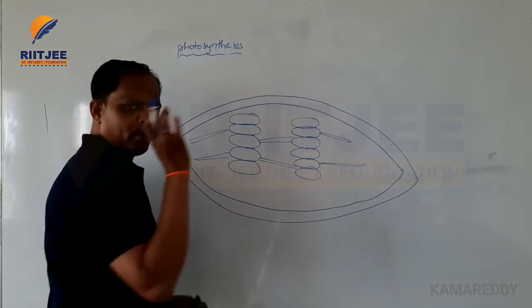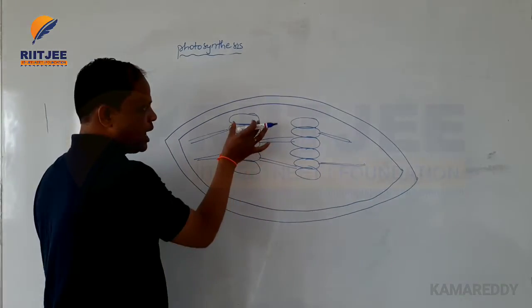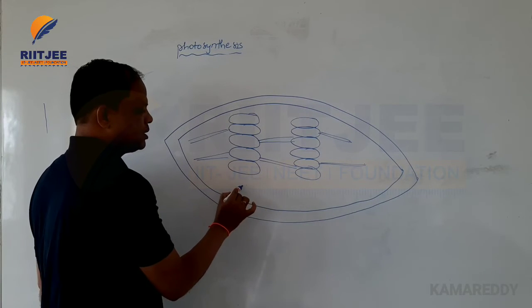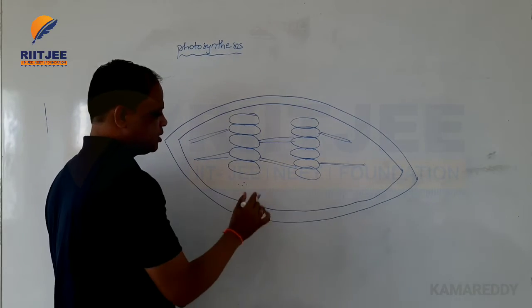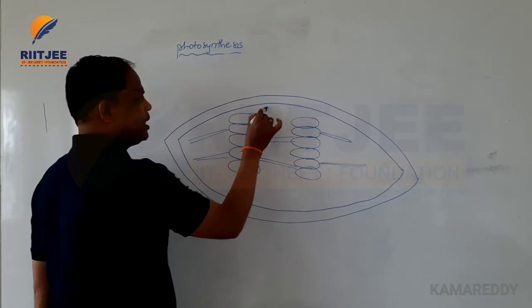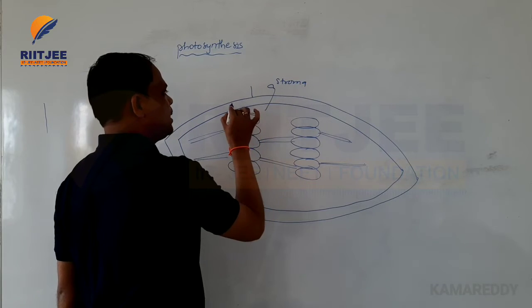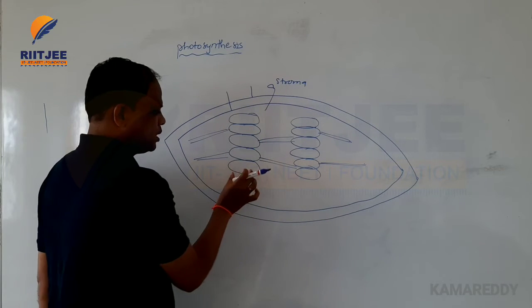This is a double-membraned organelle. This open structure is also called the stroma. This is the stroma, outer membrane, inner membrane.